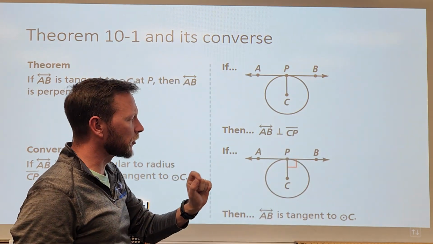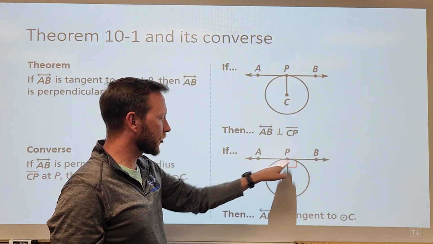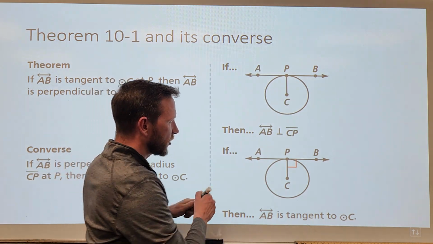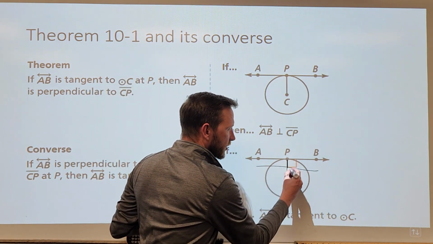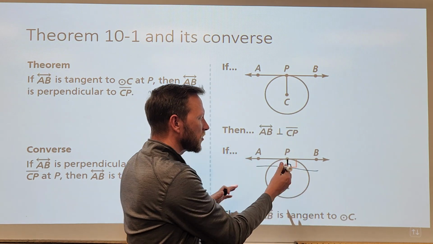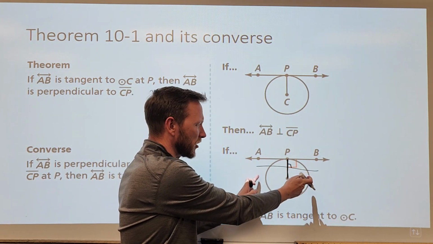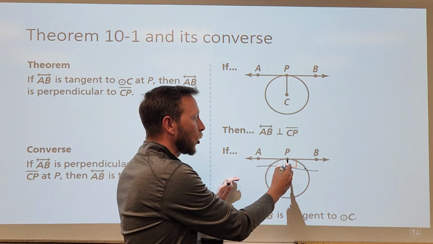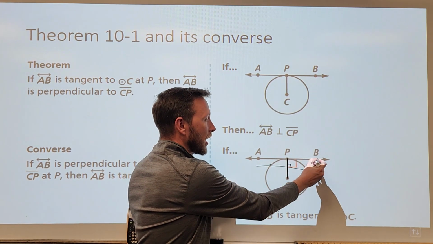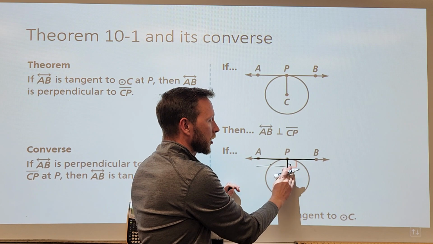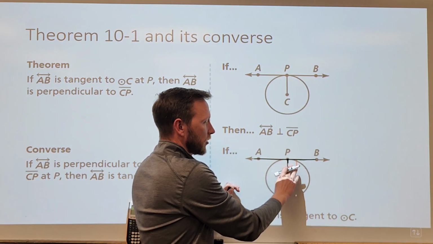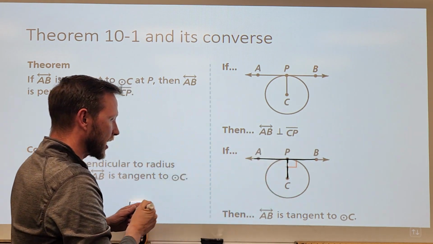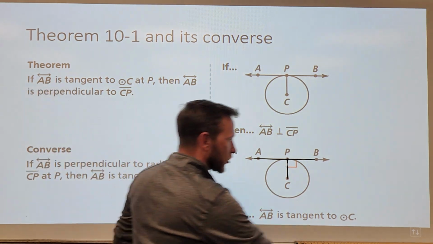So we had to be careful there to say as long as P is on the circle, because if it's just perpendicular to that segment, that doesn't make AB a tangent line, all right? It's crossing through and it touches at 2 points. But if point P is on the circle and this segment is perpendicular to that radius, then that means that AB is tangent to the circle.